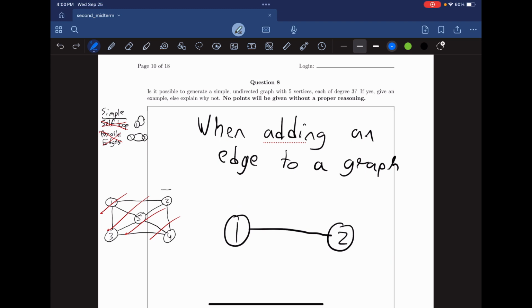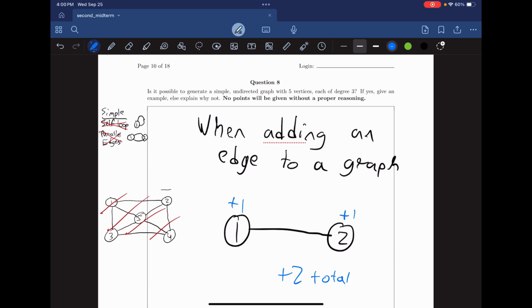Plus 1. The number of degrees of 2 has gone up by 1. So if you were to add up the total number of degrees in the graph, it has gone up by 2. Initially, it was 0 because there were no edges connected to 1 and 2, and then we added 2 more total degrees by adding that 1 edge.